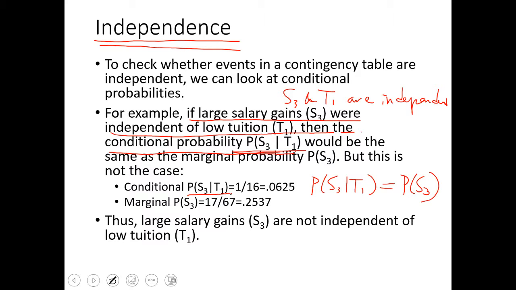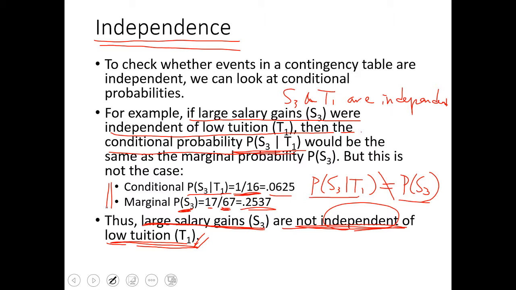The conditional probability S3 given T1 is 1 over 16, and the probability of S3 is 17 over 67. These two values are not the same. So the conclusion is that large salary gain is not independent of low tuition. They have some relationship. We can conclude this using the contingency table.